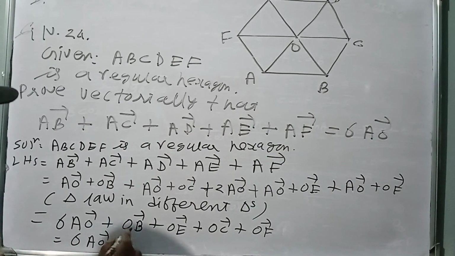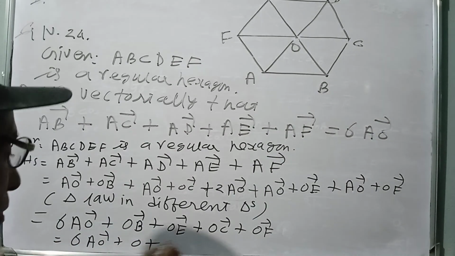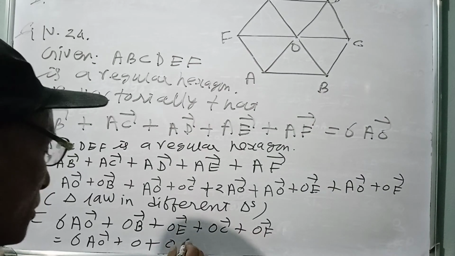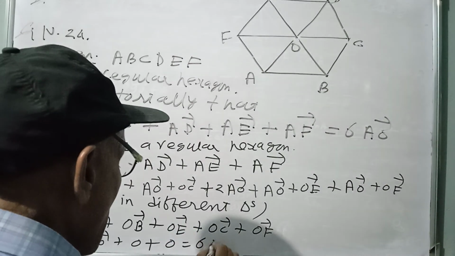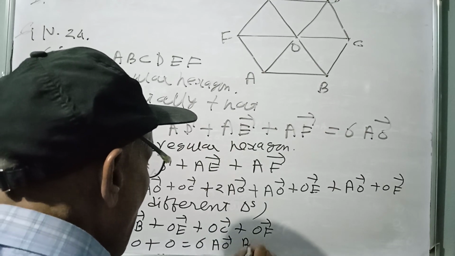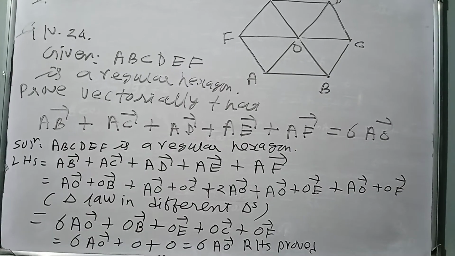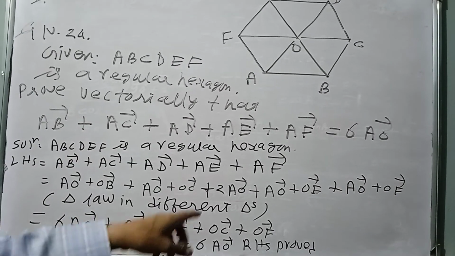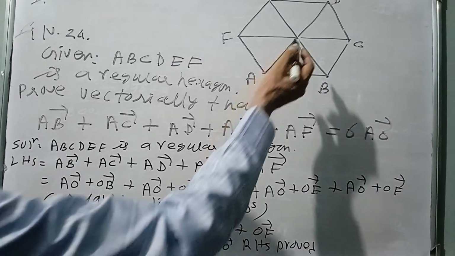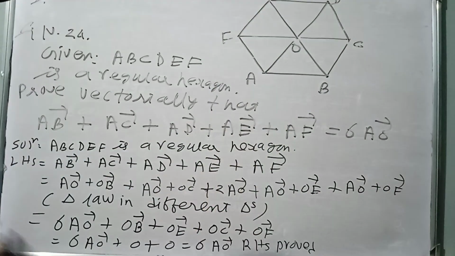6AO plus OB plus OE which is 0, OC plus OF which is 0, equals 6AO. Right hand side proved. The reason is OB plus OE is 0 because OB and OE are equal and opposite.